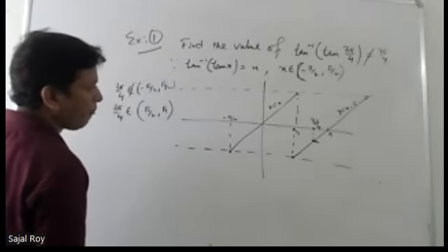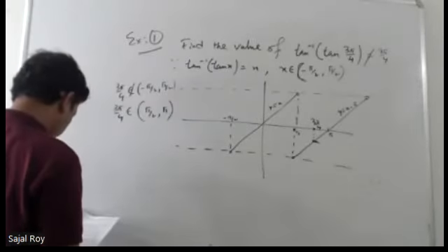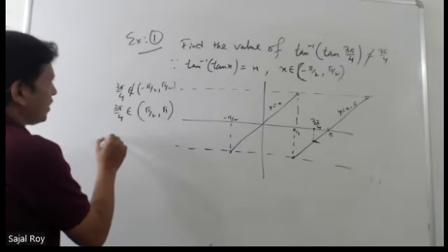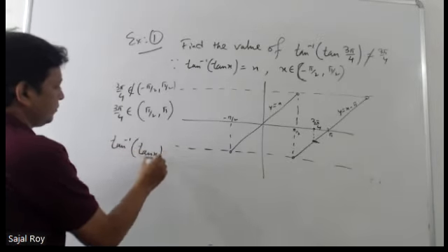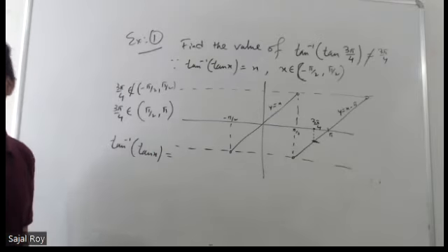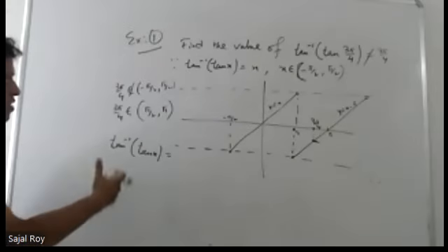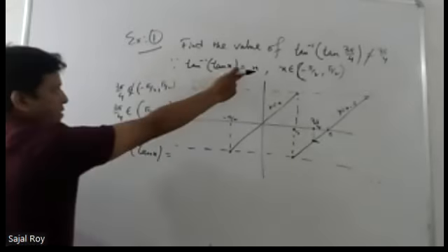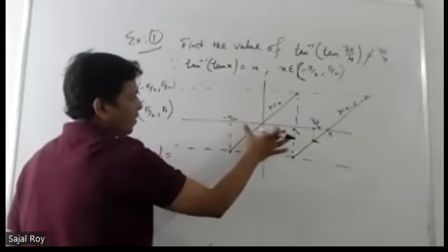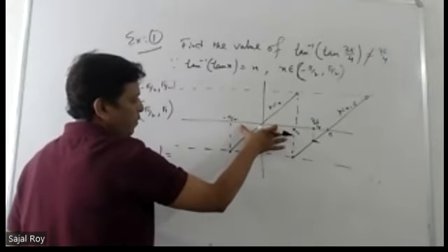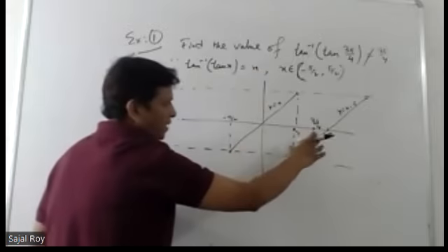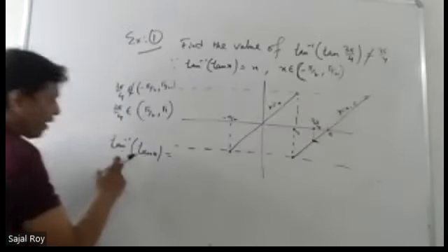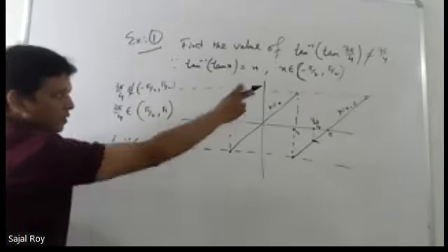Okay. Now, what is your tan inverse tan x? It is not x. If it lies between minus pi by 2 to pi by 2, you can take tan inverse tan x as x. But it is here. So what is the value of tan inverse tan x?